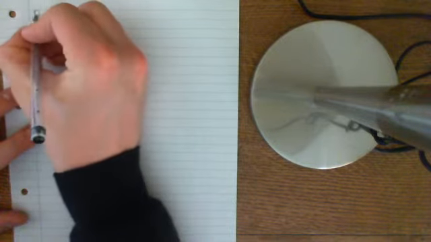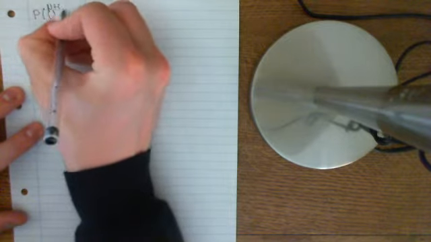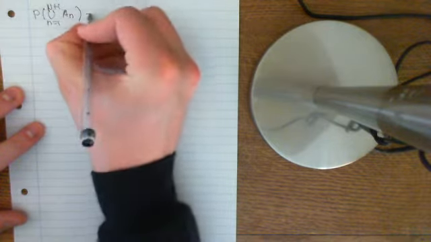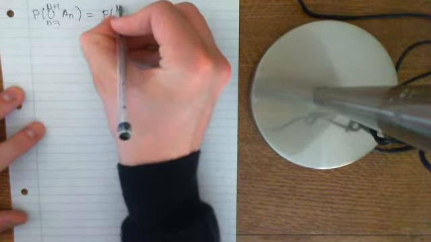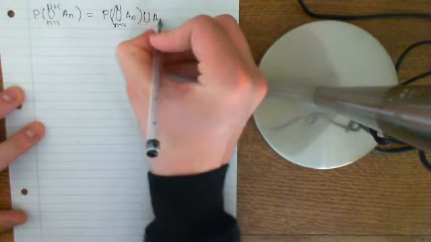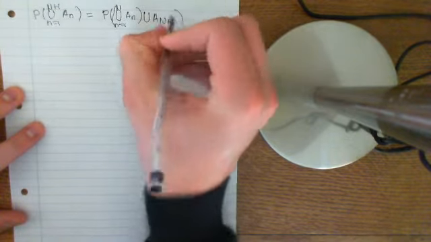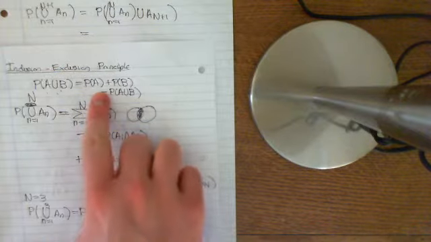So if I take the probability of the union n is equal to 1 to n plus 1 of an, then I could rewrite that as the probability of the union n is equal to 1 to big N of an, and then union an plus 1, couldn't I? And therefore I could expand that with our basic formula that we know from up here.